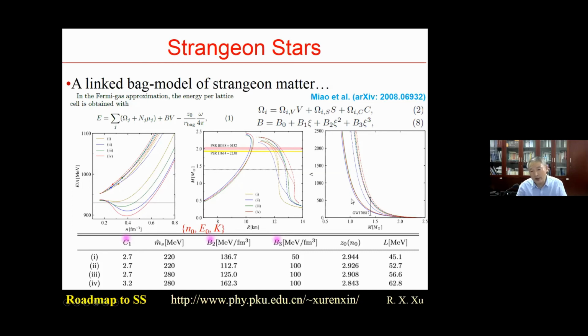For our Strangeon matter, this lambda 1.4 is smaller, but for 2-flavor models, some of the models could be ruled out by the measured tidal deformability of GW170817. So this is our model for Strangeon matter.